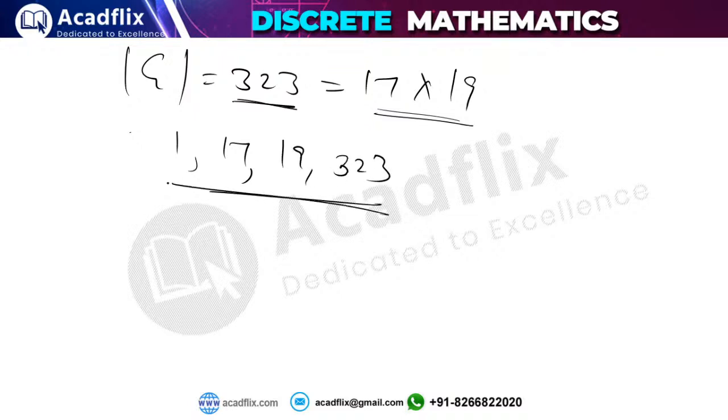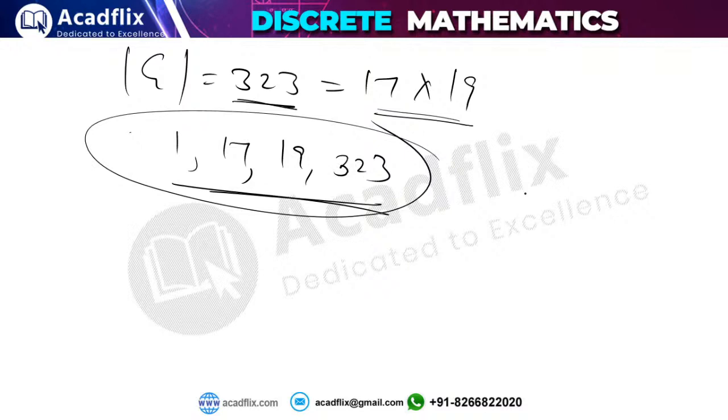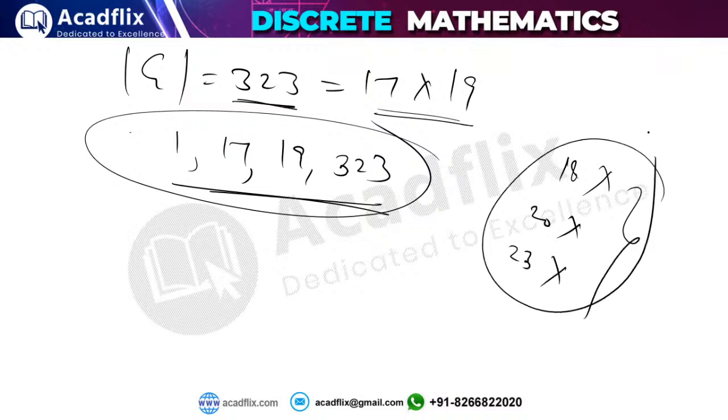These are the possible subgroups. Remember, 18, 20 and 23 are not possible sizes. The only possible sizes for a subgroup are 1, 17, 19 and 323 itself.